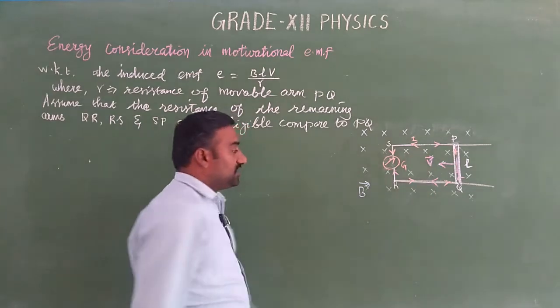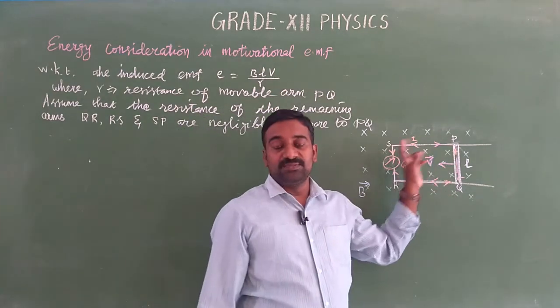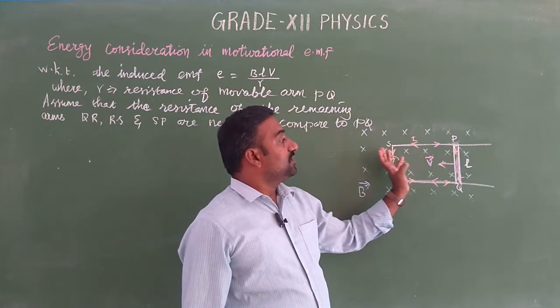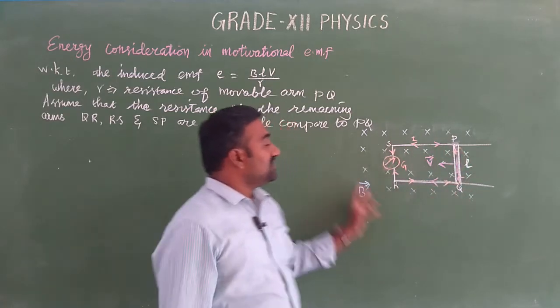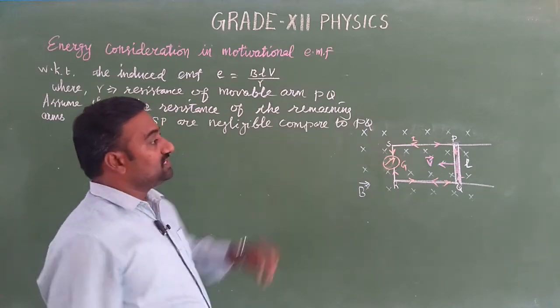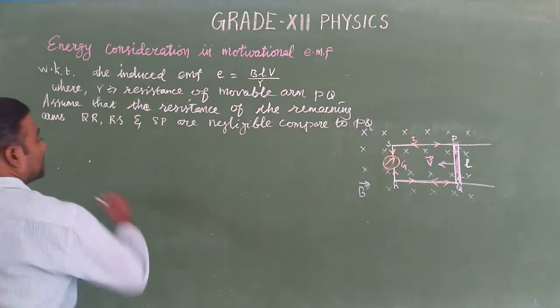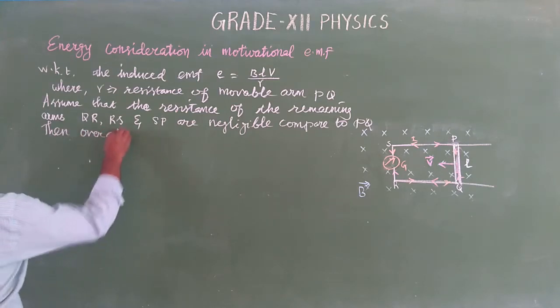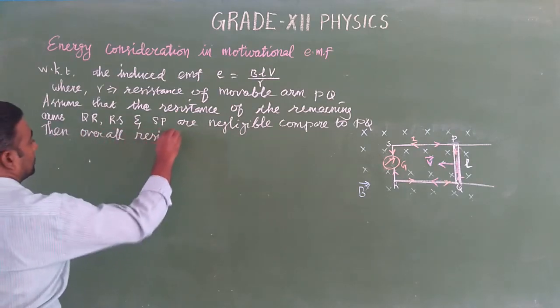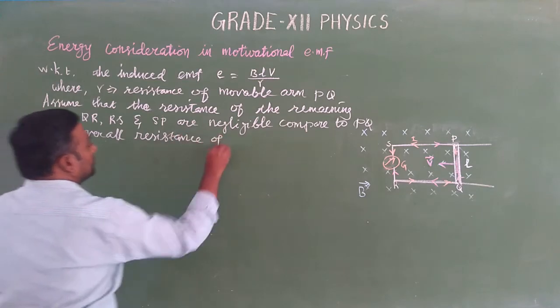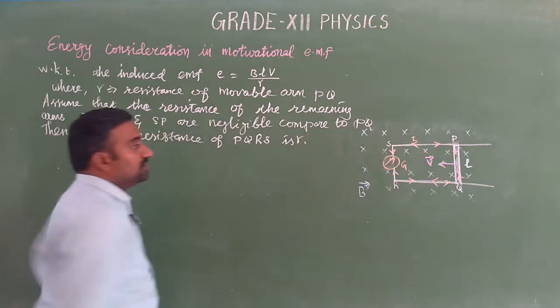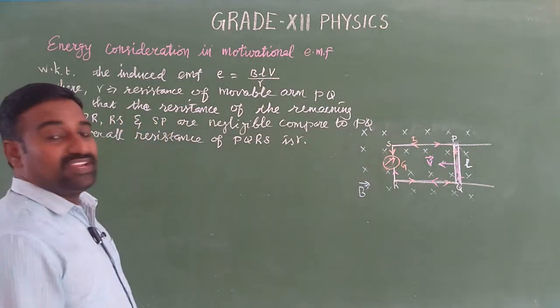So when these arms' resistance is negligible compared to PQ, the total resistance is R. The overall resistance of PQRS is R. So in this case we can determine the induced current.